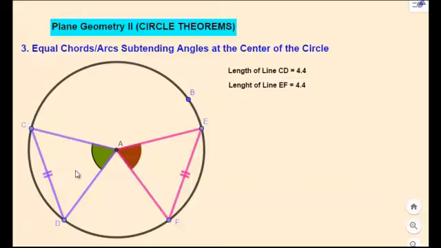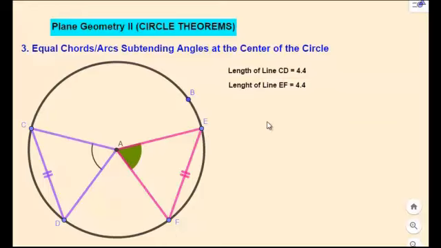Now I am going to move angle CAD and see if it would fit equally on angle EAF. Look at it well. You see how it fits equally on angle EAF.